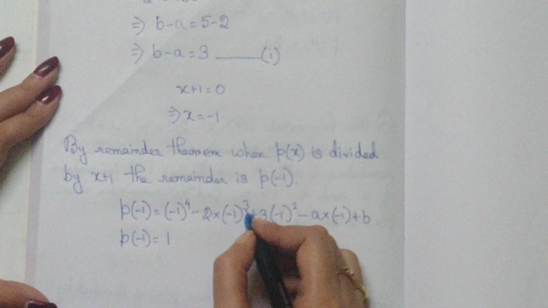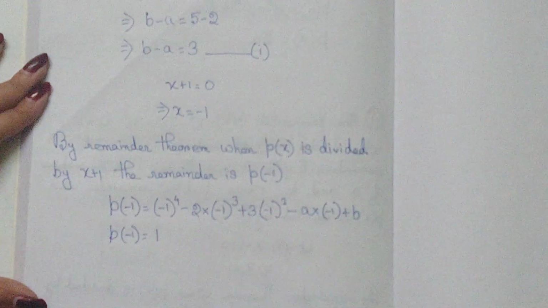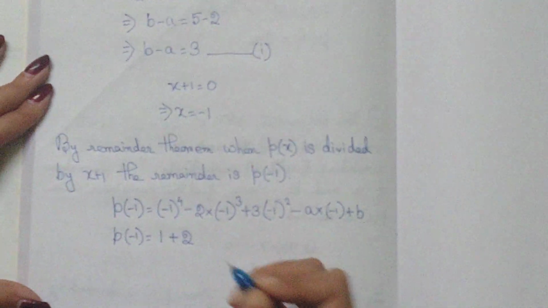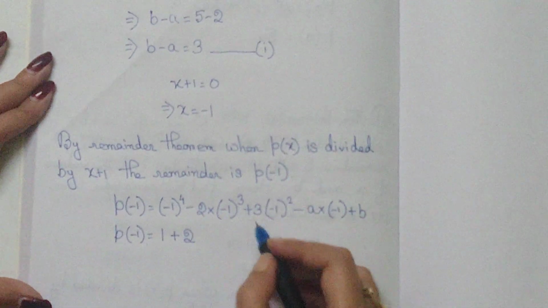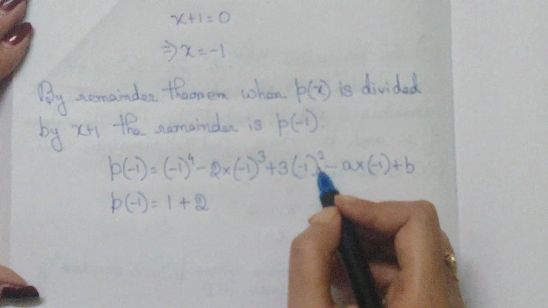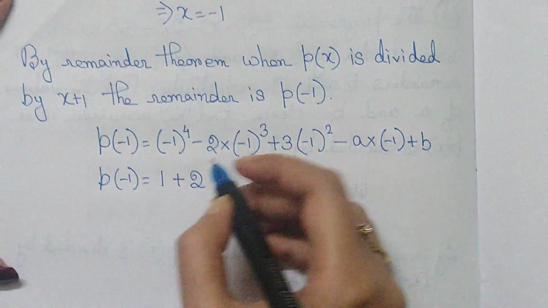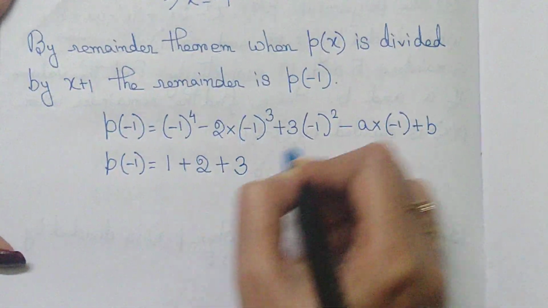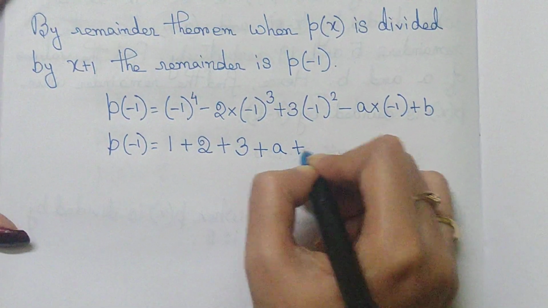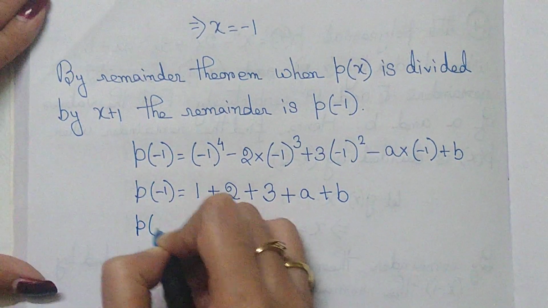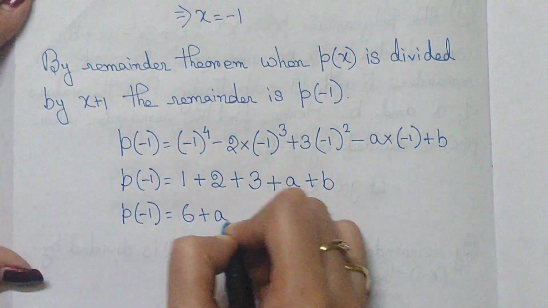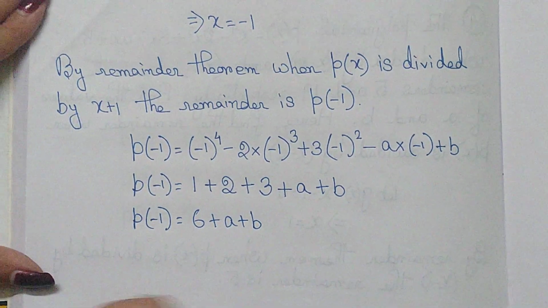Over here it has an odd power, so I get a minus sign; minus minus again plus, 2 into 1 is 2. Over here again even power, so plus; plus into plus is plus, 3 into 1 is 3. Minus minus plus, that is a plus b. So P(minus 1) is equal to 6 plus a plus b.